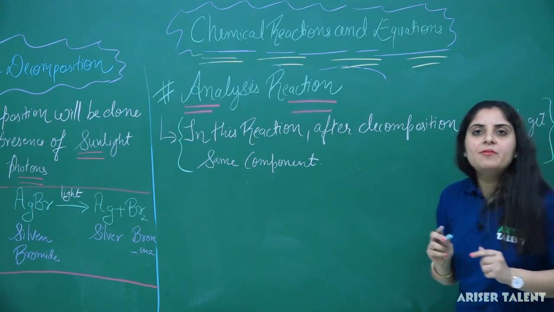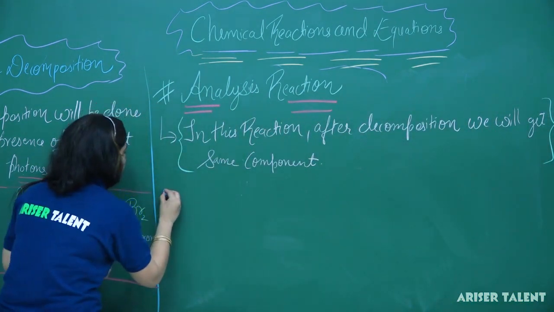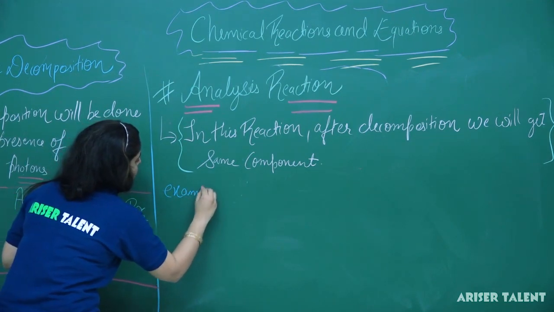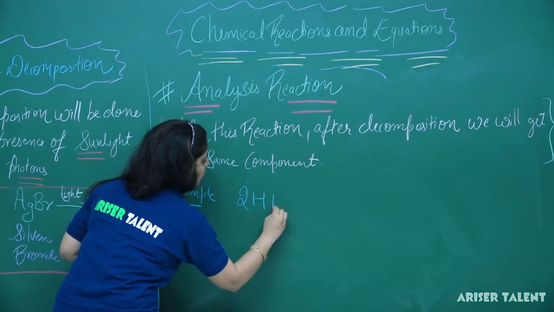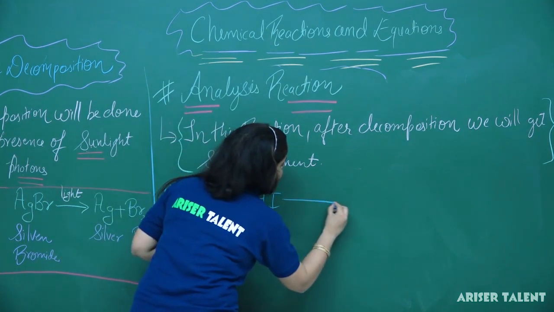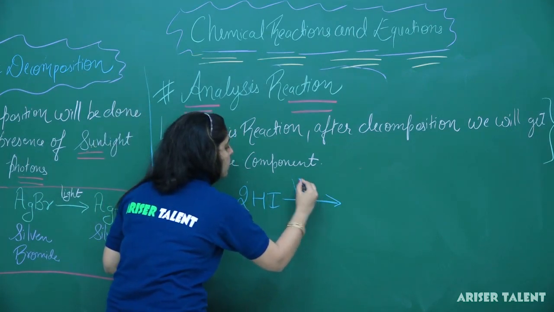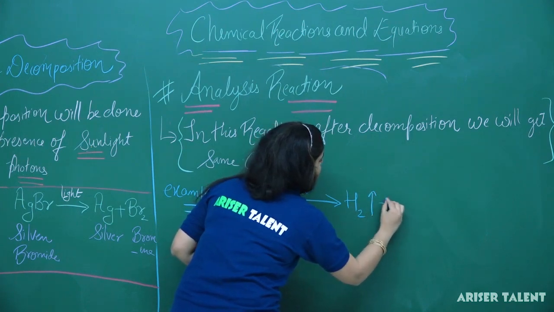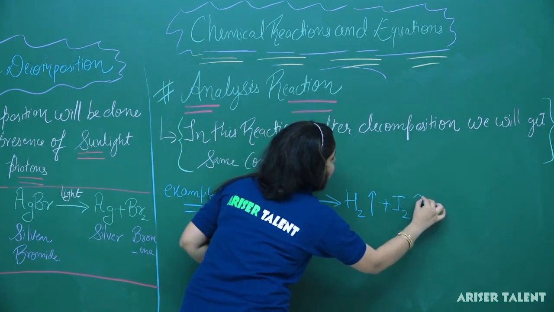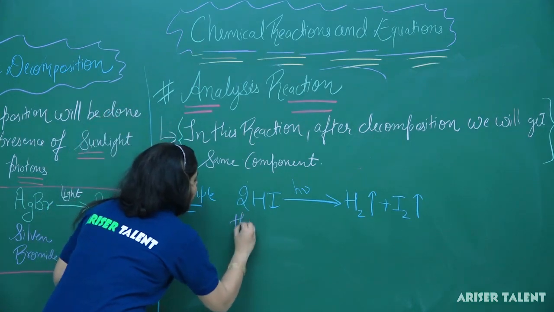Suppose I have been provided with hydrogen iodide. Suppose we have 2HI and we perform the decomposition reaction for it in the presence of h nu. What will we get? We will get H2 evolved plus iodine gas, which is also evolved. So 2HI here is hydrogen iodide.